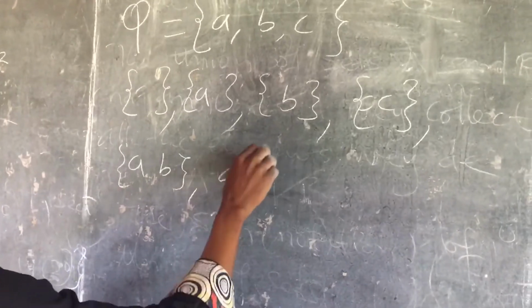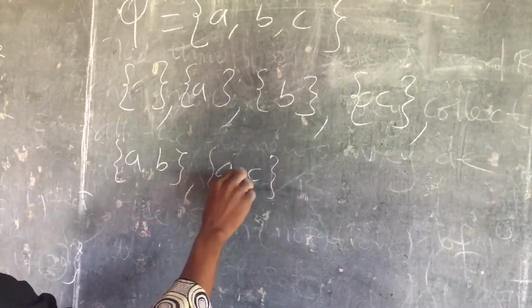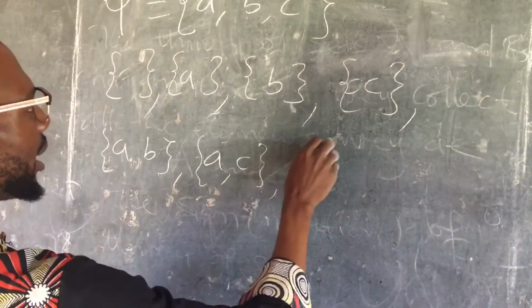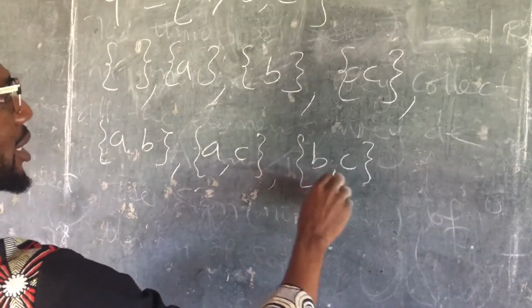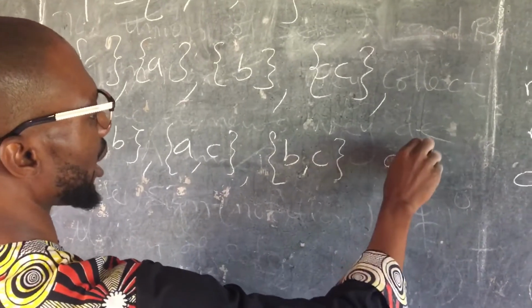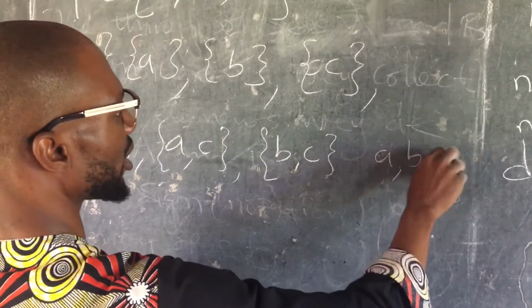And then we'll get A and C. And then B and C. And then we can get the subset A, B, C, like this.